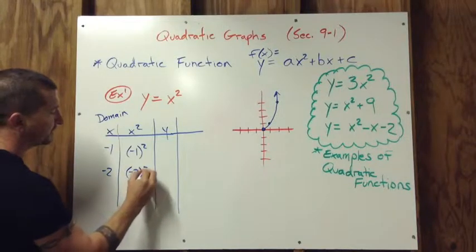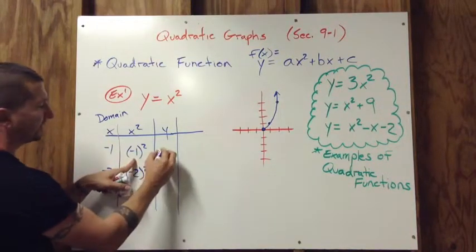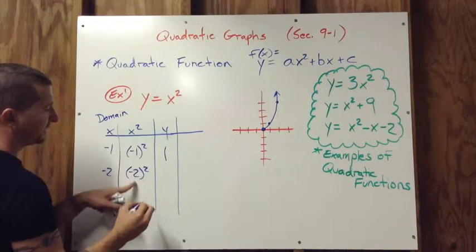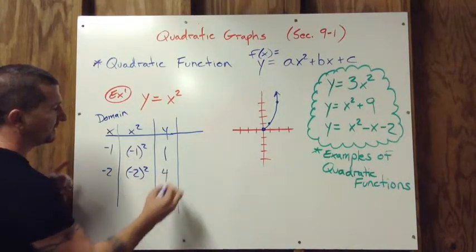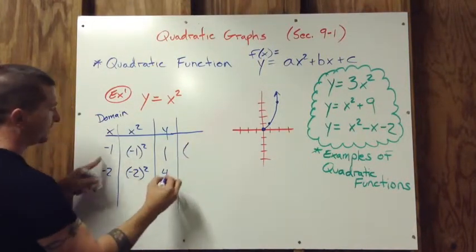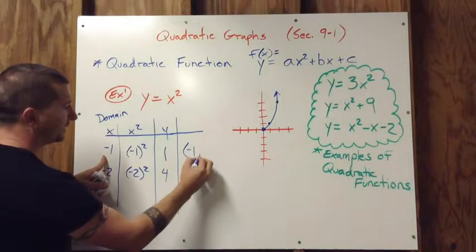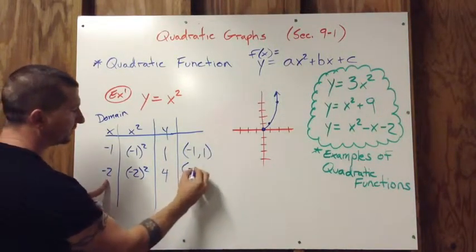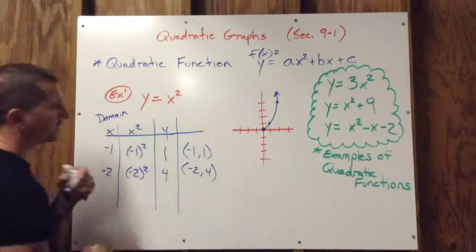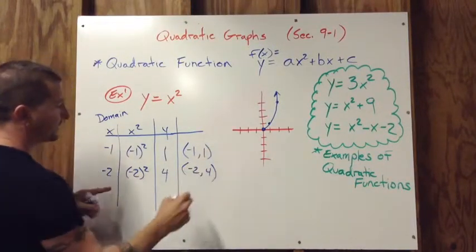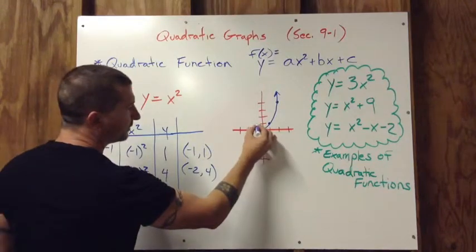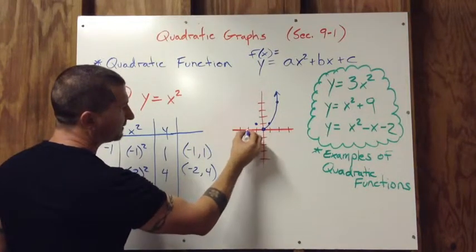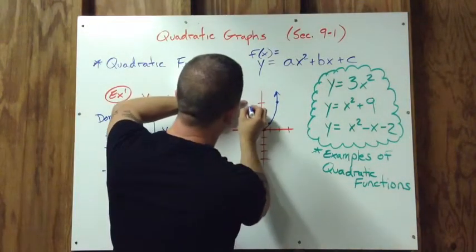We'd have negative 2 squared. Negative 1 squared is 1. Negative 2 squared is 4. So our ordered pairs would be negative 1, 1, and negative 2, 4.